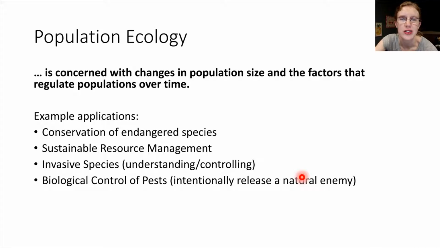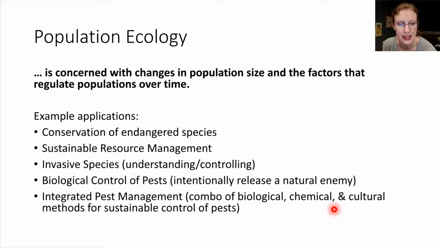Related idea, controlling pests, biological control of pests. Biological control as opposed to chemical control. What this is all about is understanding what the natural enemy is of some pest. Then maybe just releasing that natural enemy into the habitat where the pest is might be sufficient to get rid of the pest. So that's a biological control.